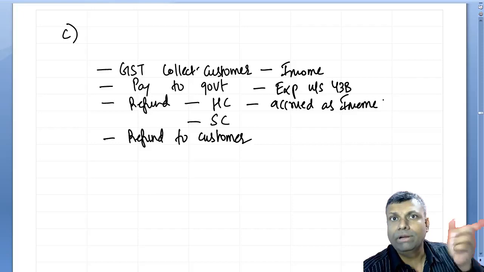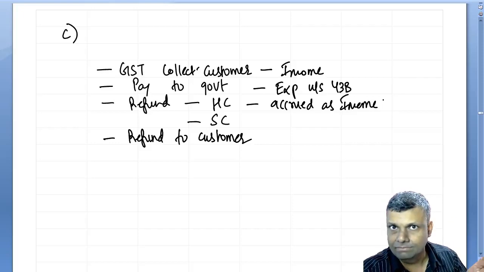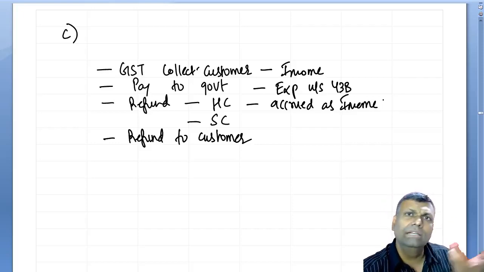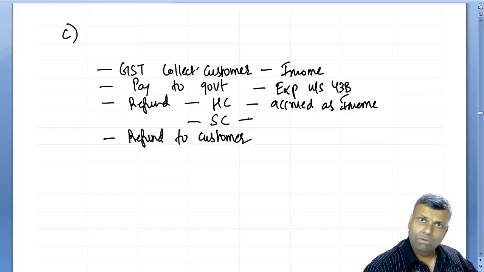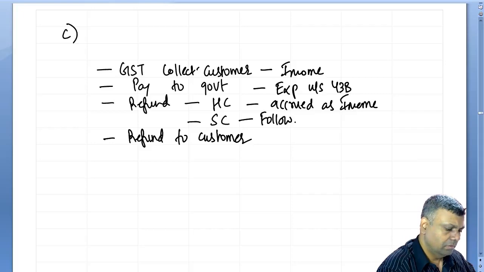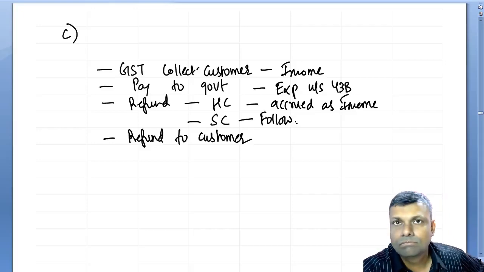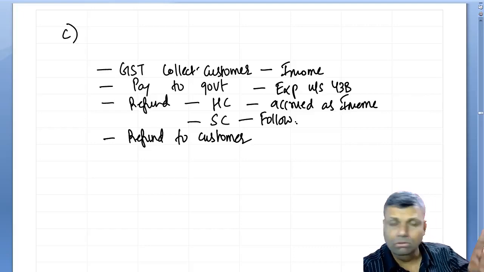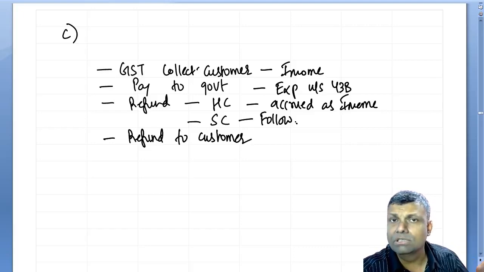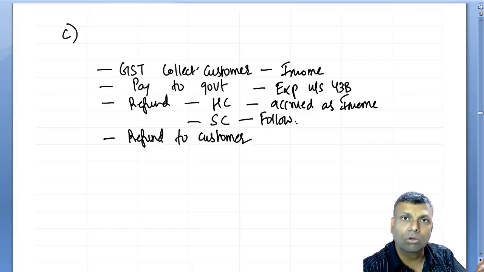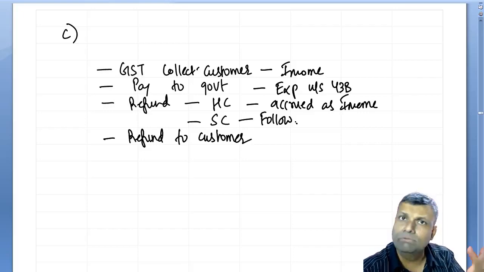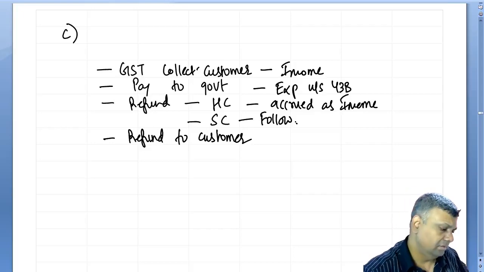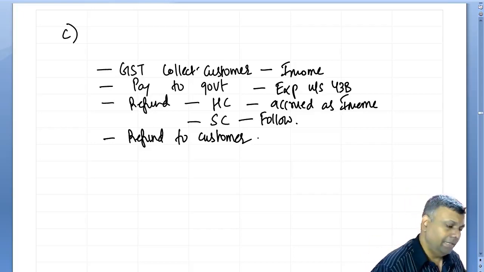If the Supreme Court reverses, then it will become your expense. Or if the Supreme Court confirms, it is already accrued at the High Court level itself. Thereafter, whatever the Supreme Court says, you have to follow. If the Supreme Court says that it reverses the judgment of the High Court, you have to give it back to the government, so it will become an expense again. If the Supreme Court confirms, it is anyway brought to tax. Thereafter, if you refund it back to the customer, it is again your expense.